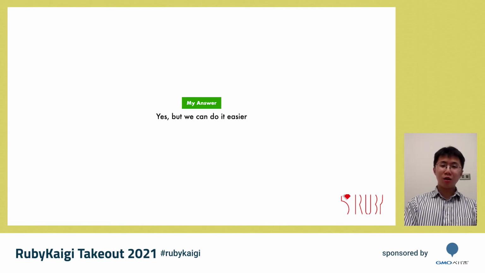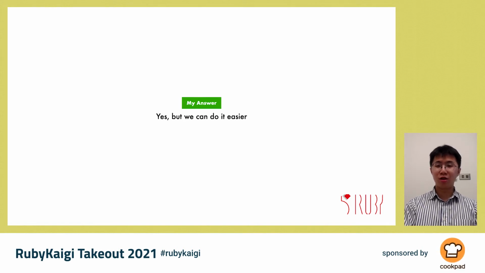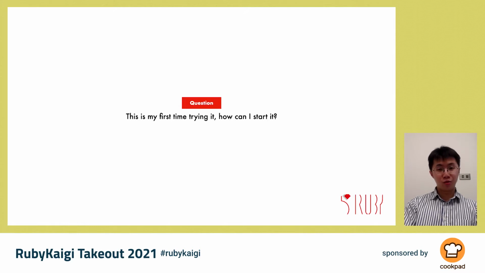But in some cases, for example, we have mruby. The source code is smaller than other languages, so we can read it more easily. So this is the reason I think we can do it more easily. So I started trying by myself.